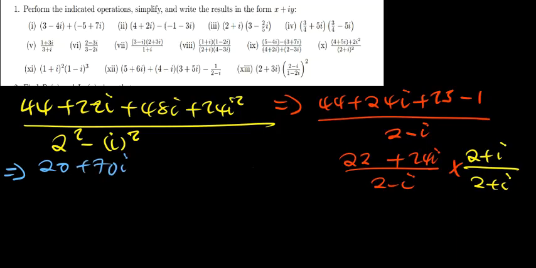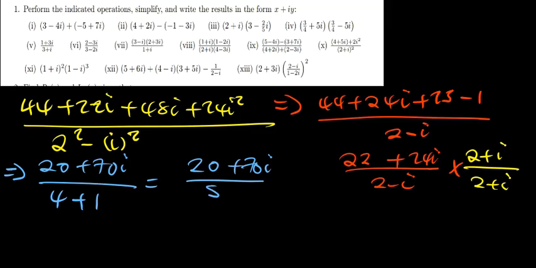I divide this by, if I square this, it will be 4, then that one will be negative, so it will be 5. So I'll have 20 plus 70i divided by 5. This is the same as 20 divided by 5 plus 70 divided by 5 i. This simplifies to 4.